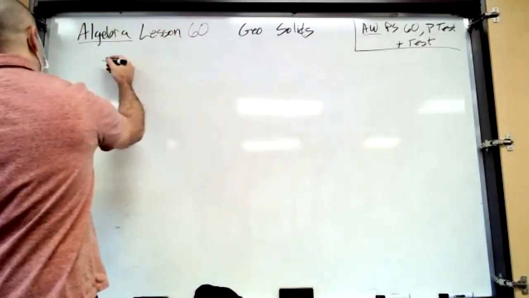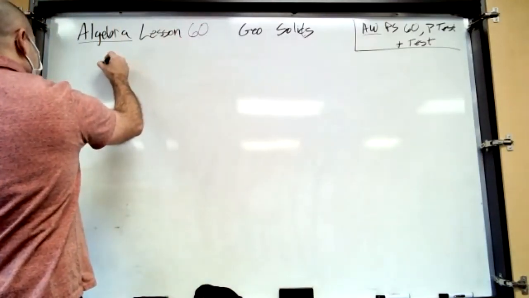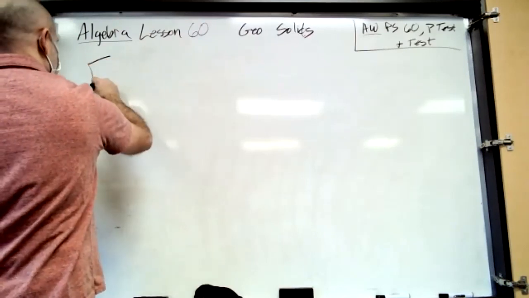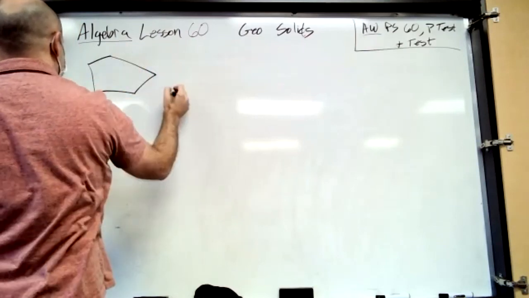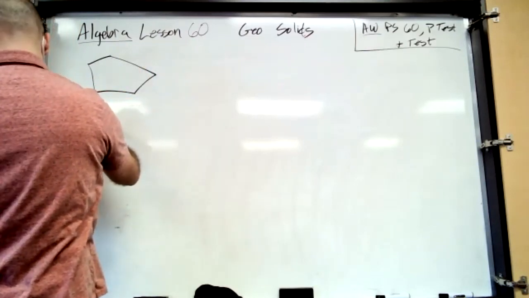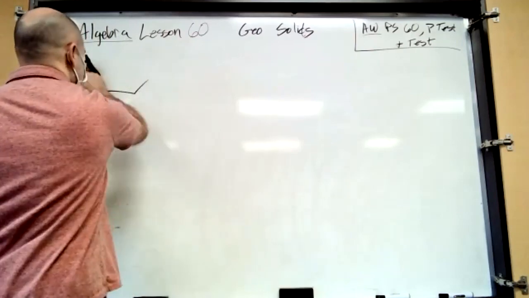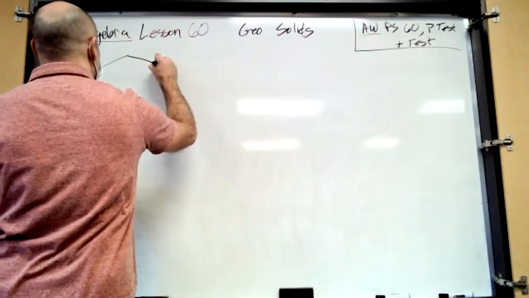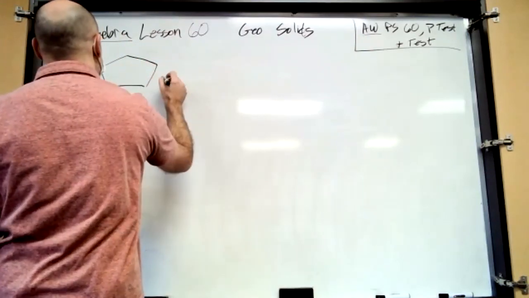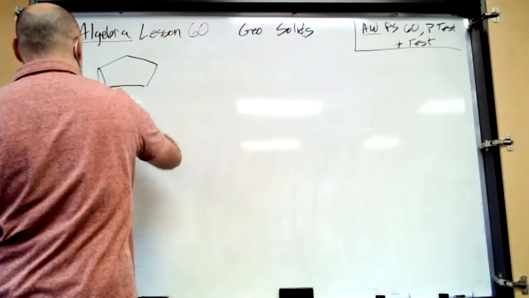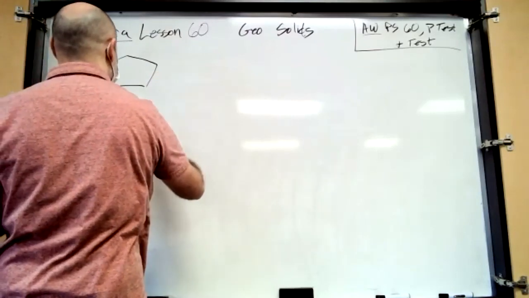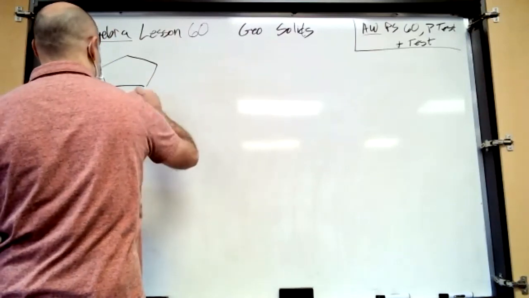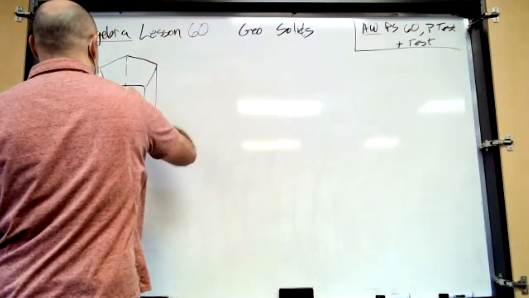So, lateral surface area. If I did something like this, let's do our pentagon again, which is ugly. I'm going to do a better pentagon. So let's say that here's my pentagon. Okay.